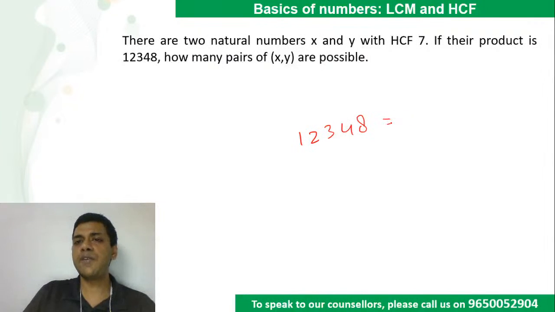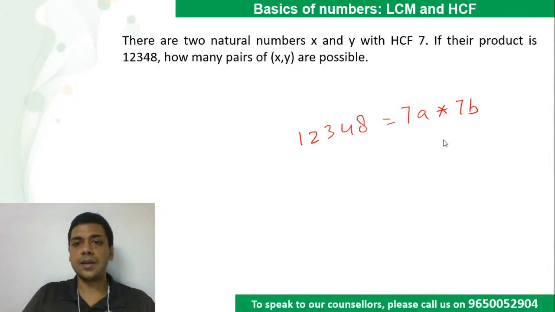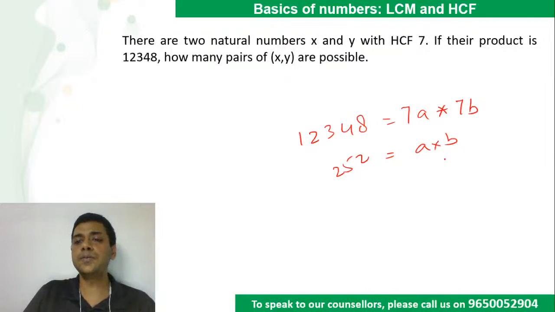Two numbers who have an HCF of 7 will be 7a and 7b. If I divide both sides by 7 squared, which is 49, I get a into b equal to 252.